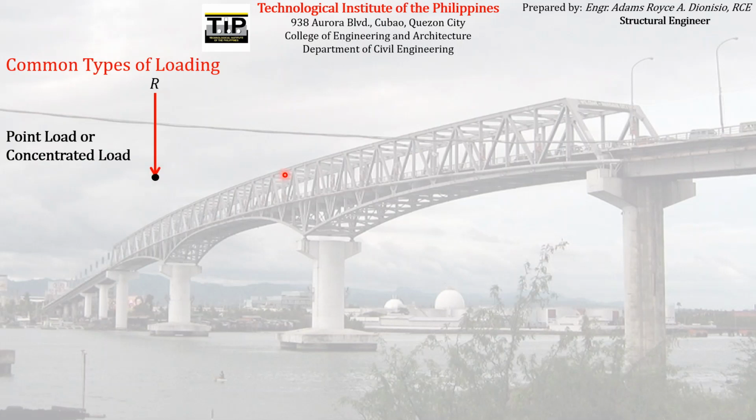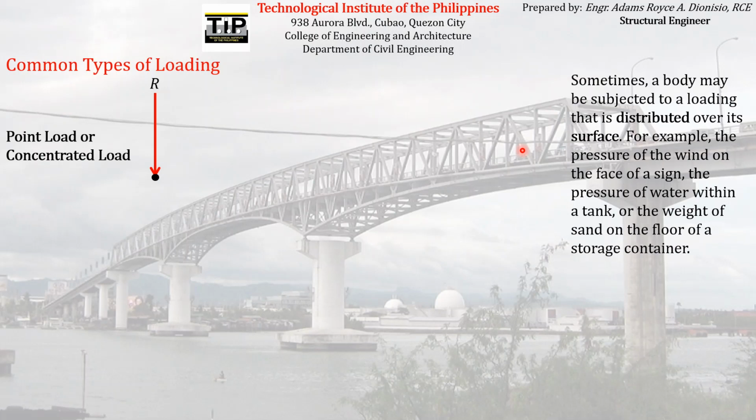Kumbaga, acting siya on a surface, for example. So, sometimes makaka-encounter kayo ng ganong type of loading na instead of acting over a single point lang, it's acting over a surface. So, ang tawag sa ganong type of loading, acting on a surface, is what we call distributed loading.